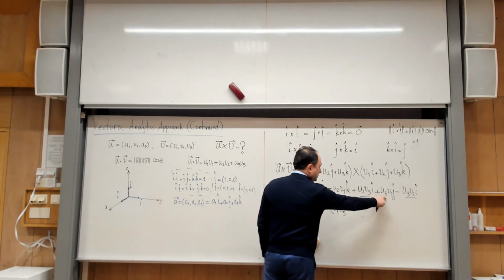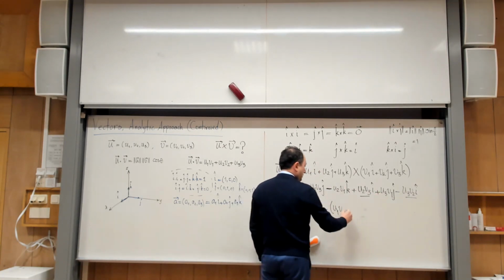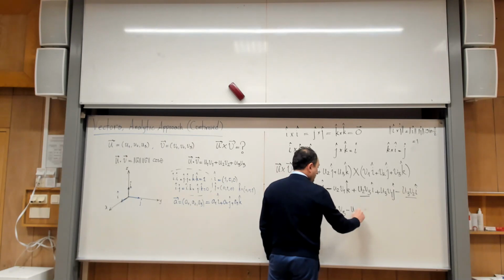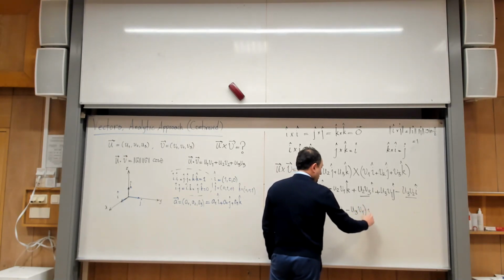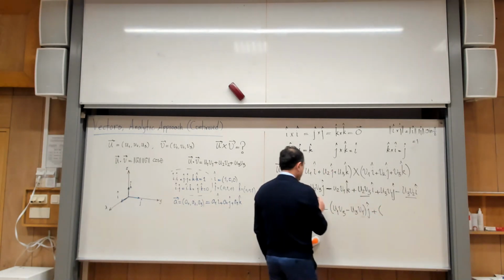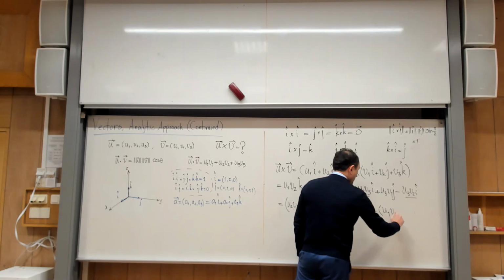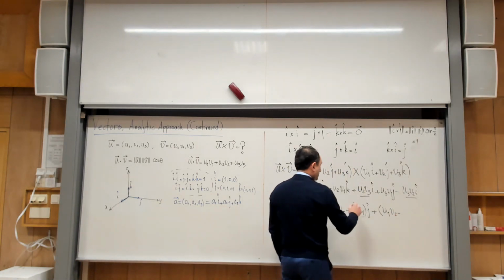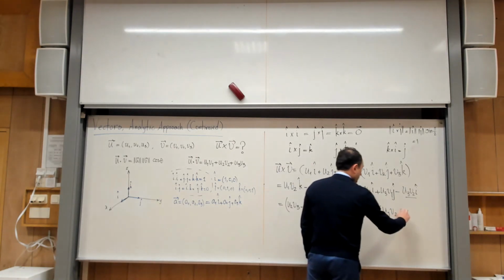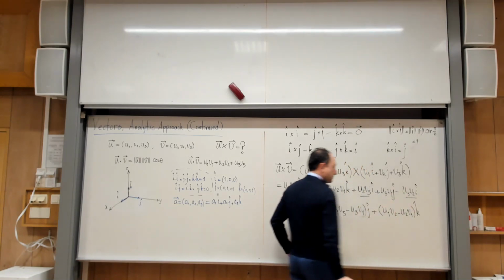And there is another J component, but it was positive. I am pulling a negative sign out, so it turns out to be minus U3 V1 J hat. And then the other one, I just follow it exactly as it is on the board. So it is U1 V2 minus U2 V1 K hat. Yes?